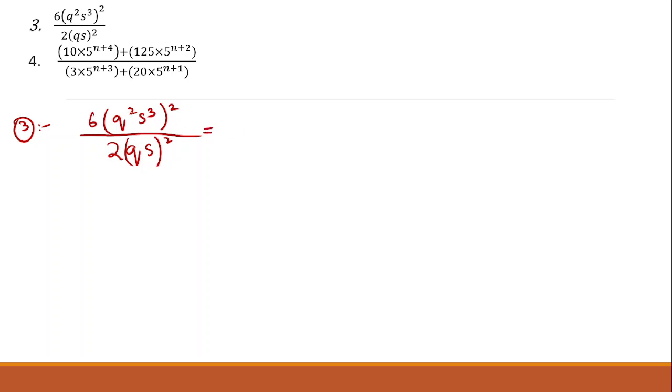This is the rule whenever you have a power and then there is also a power to that power. So q square s cube has the whole power square. First you need to split the powers like this: q square to the whole square, s cube to the whole square.